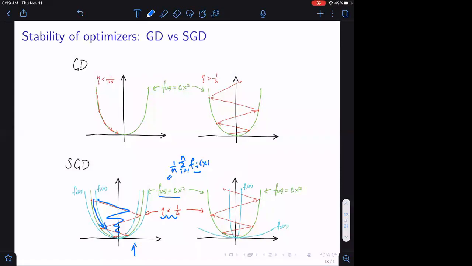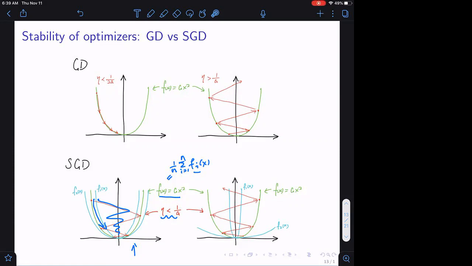But on the other hand, if the two components, f1 and f2, look drastically different, for example f1 has very large curvature and f2 has a very small curvature, then you will see that even with a learning rate less than 1/a or even much smaller, it's still possible for SGD to go to infinity.